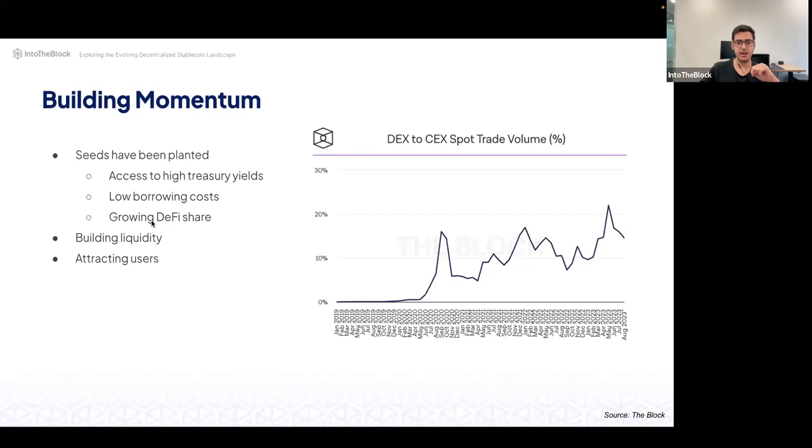And in a broader perspective, we've already seen DeFi grow significantly, putting some pressure on centralized crypto companies. This is reflected in the spot trading volume between decentralized and centralized exchanges, which just recently hit an all-time high of above 20% for the first time.